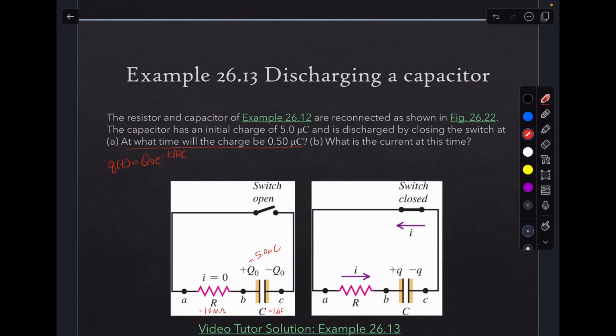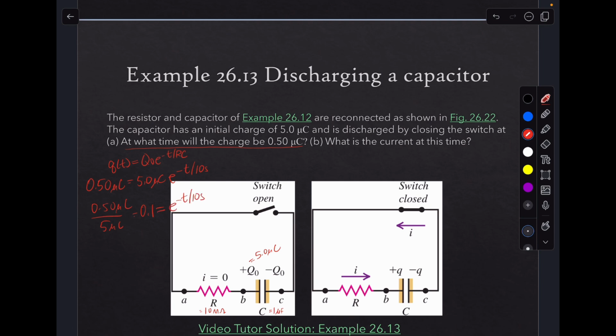So we want to know at what time will we have 0.5 microcoulombs if the initial is 5. And that RC was 10 seconds, that we remember from the previous example. So 0.5 over 5 is 0.1, and that's going to be equal to e to the minus t over 10 seconds.